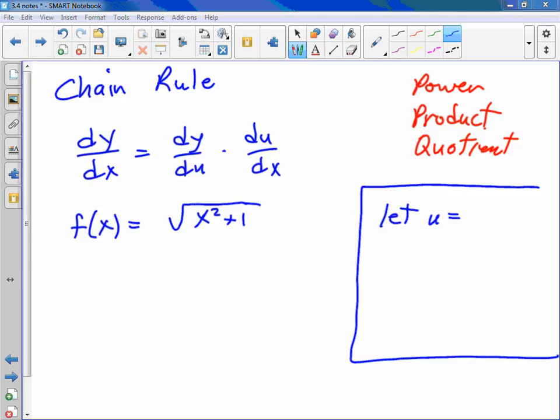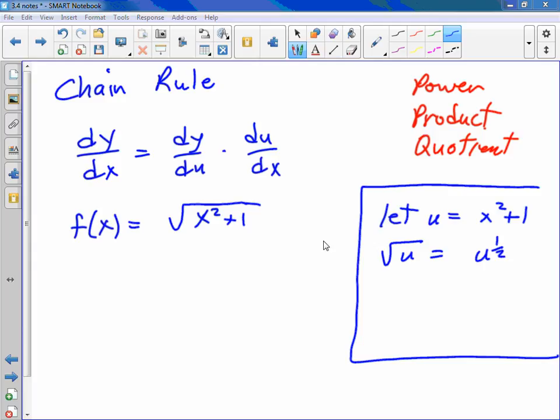But at least be aware of the u substitution gig. Let u equal the messy part, in this case, x squared plus 1. And then we just have the square root of u, which equals u to the 1/2.